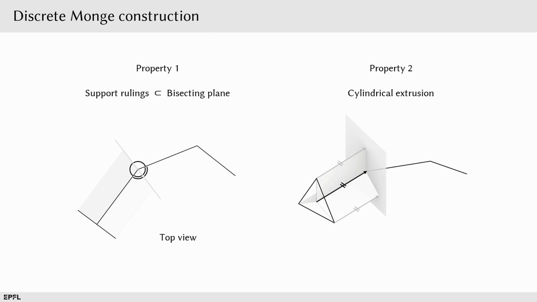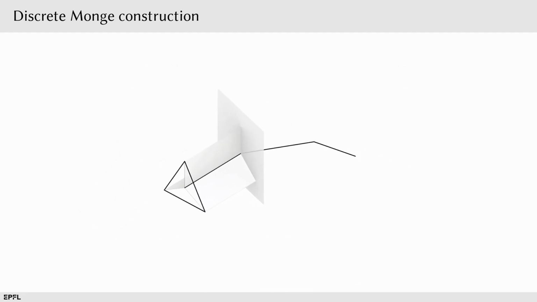These 2 properties, the fact that all the support rulings belong to the bisecting plane and that the extrusions are cylindrical, characterize the Monge construction. We also note that the swept quads have parallel edges, and that means that they are planar, or PQ. By sequentially propagating the construction forward, again it's hard to see, but we eventually obtain the complete support strips.